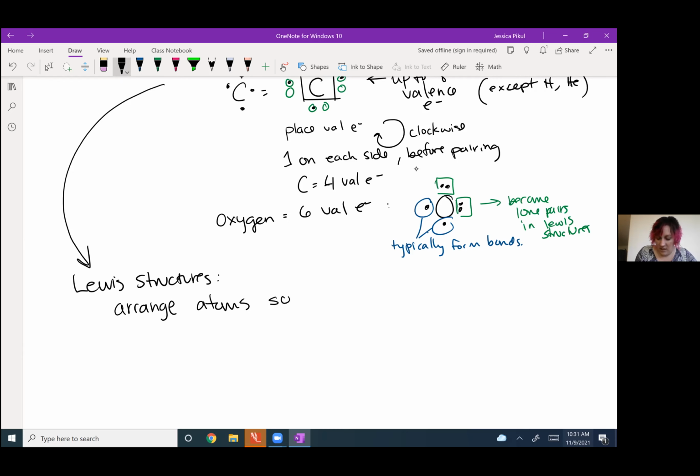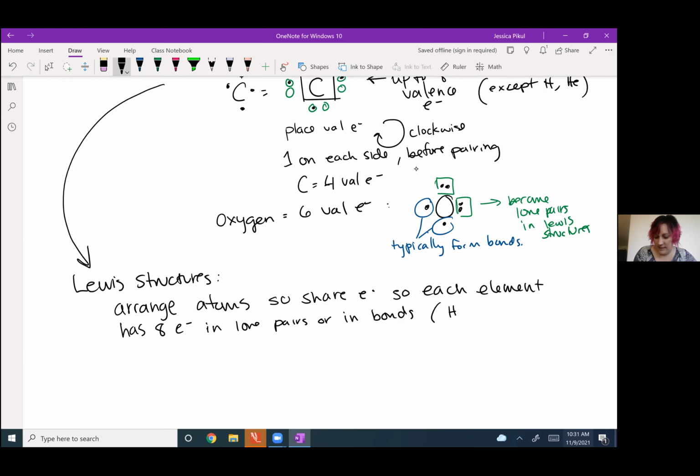You're going to do it so they share electrons. So each element has 8 electrons, either in lone pairs or in bonds. The exception, of course, is helium and hydrogen and boron.